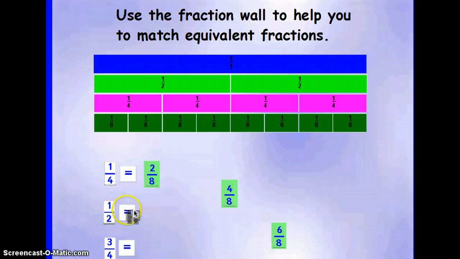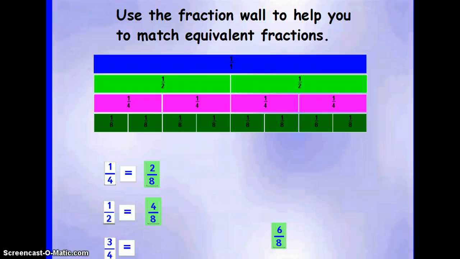Okay, now let's look at 1/2 here. How many eighths equal 1/2? So we're going to look at the light green bar here, just 1/2, and count how many eighths equal 1/2. So we have 1, 2, 3, 4. 4/8 equal 1/2. And now let's look at 3/4. Okay, so we have 1/4, 2/4, 3/4.